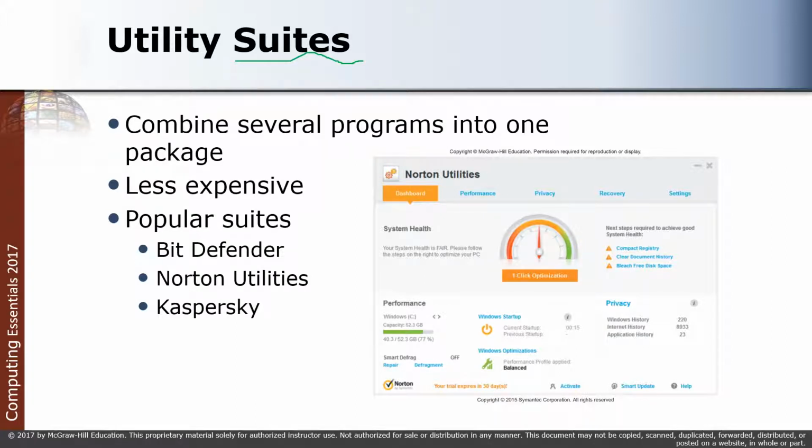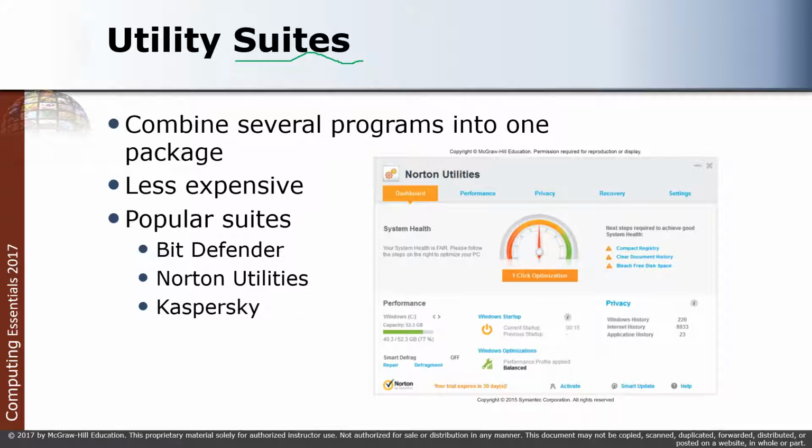For example, if we are talking about application software, one example of an application software suite is Microsoft Office. In Microsoft Office, we have Microsoft Word, Microsoft Excel, Microsoft PowerPoint, and so on. So in utility software, we also have utility software suites.